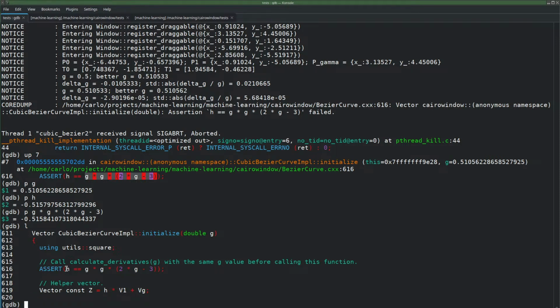Yeah, it's needed for h, but it's not really needed for the rest. I think I only need h and g. I don't need derivatives.